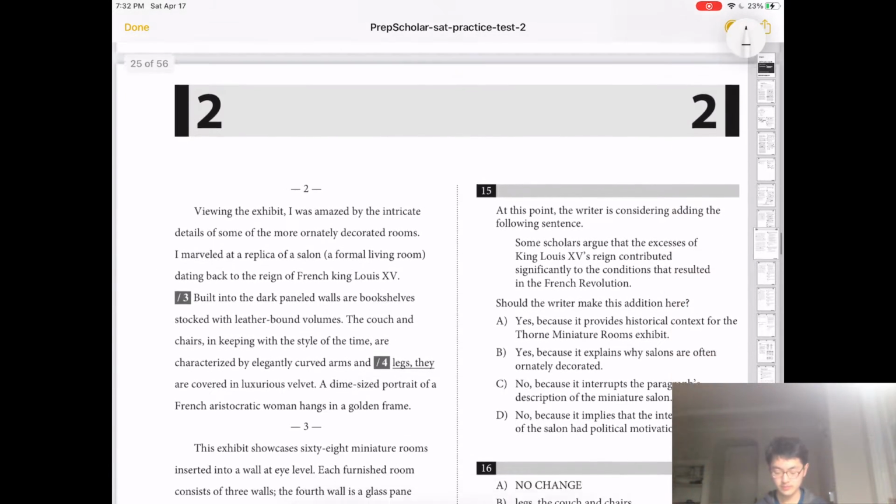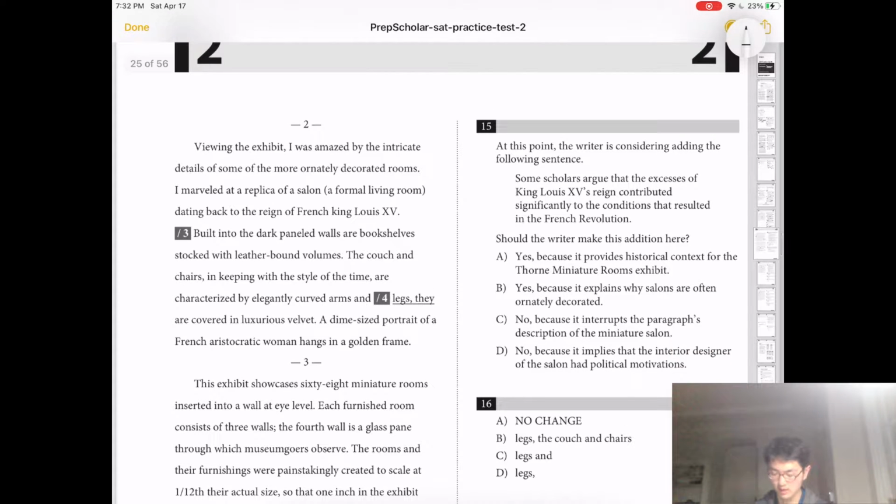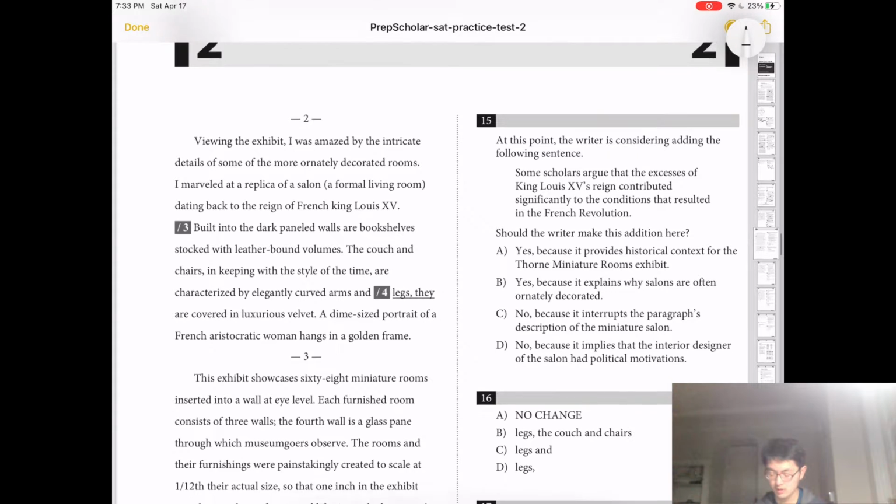Number 15. At this point, the writer is considering adding the following sentence. For these ones, even if you think that you should add something in, if the "don't add something" option has a valid explanation for it, then that's the answer you should put.